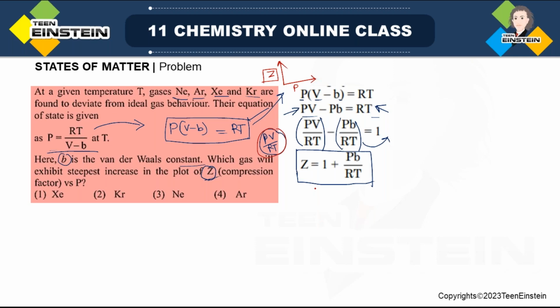Once you have obtained it, you have to compare this equation with y equal to C plus mx, because two terms are there. So it cannot be y equal to mx. It is C plus mx. So intercept is present.